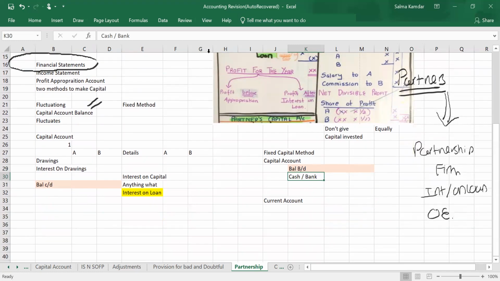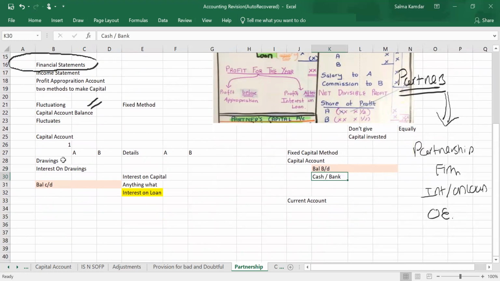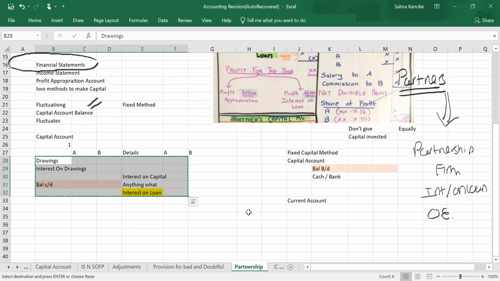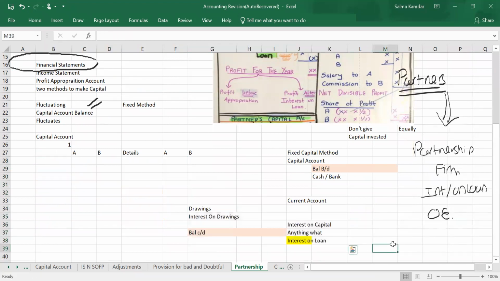Everything else, like the drawings, interest on drawings, interest on loan, interest on capital, will come in the current account. So your capital account gets split into two parts. In the first part you will have only the capital account balances, and in the other part, everything else will be there.